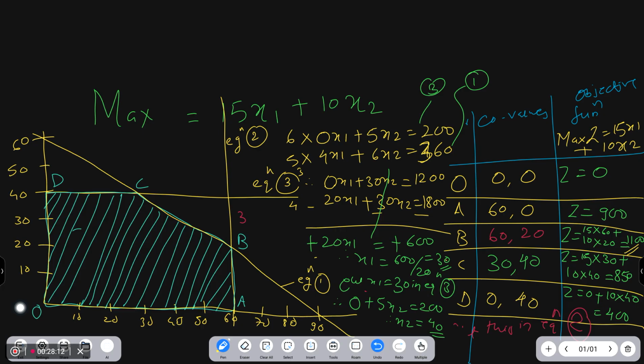Hence the optimal solution for the given LP problem is x1 is equal to 60, x2 is equal to 20 and z is equal to 1100. Any doubt about this one?